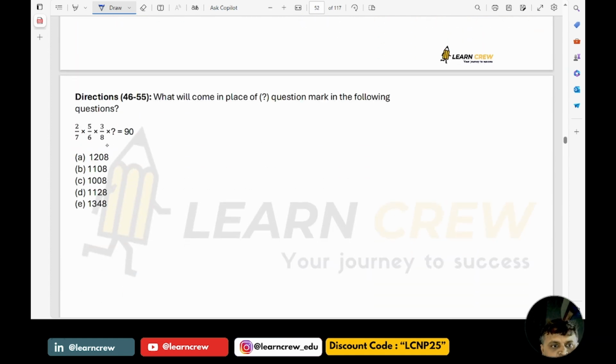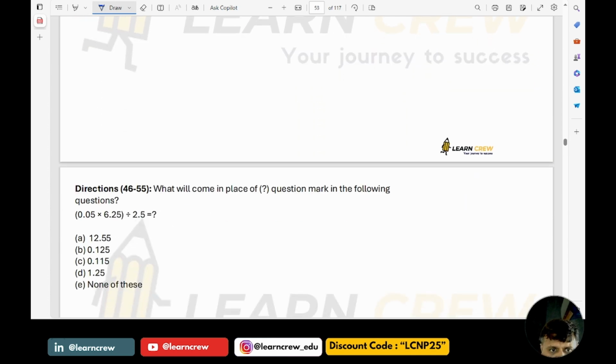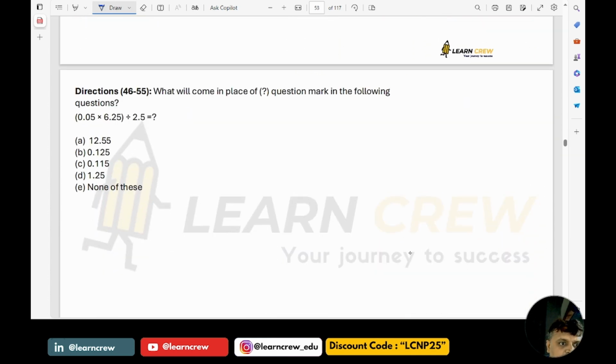So if you see, 3 2s are 6, 2 2 cancel. Now 5 18s are 90, 7 8s are 56, 56 18s are how much it is? It is 1008. Now next, so here it is 5 power 5 into 10 power 5 into 10 power minus 2.